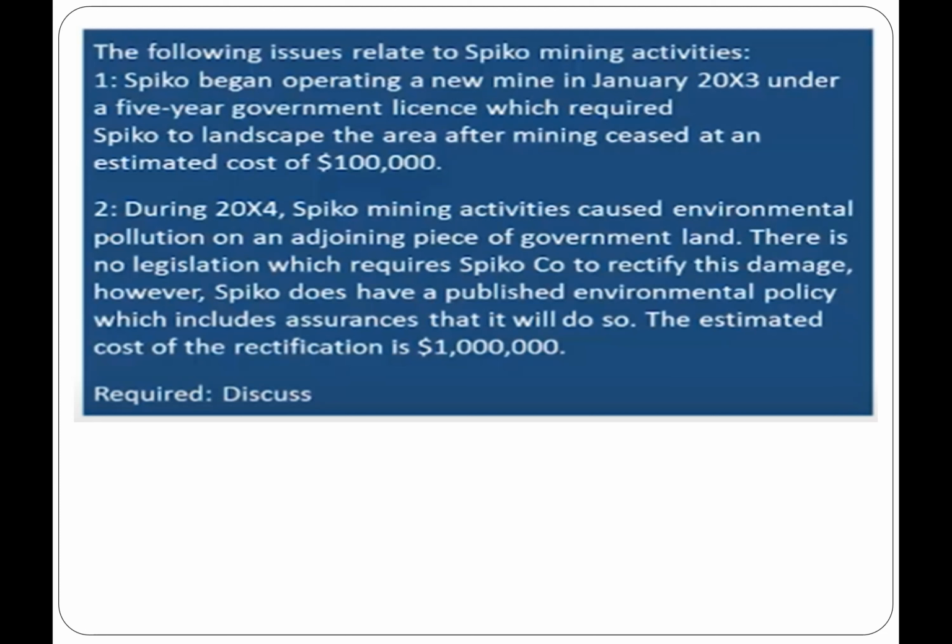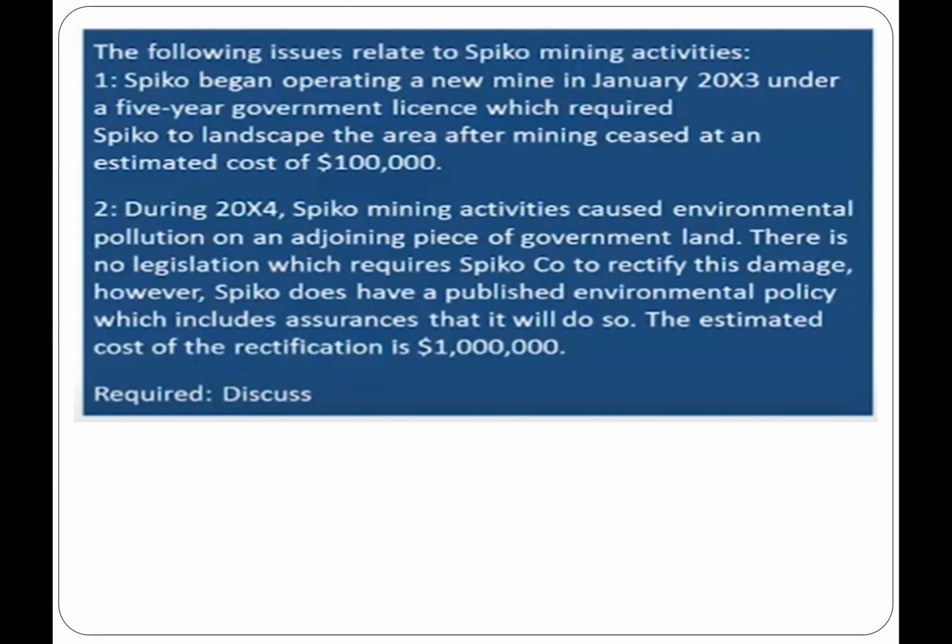So Spico began operating a new mine in January 2023 under a 5-year government license, which required Spico to landscape the area after mining ceased. So we are told that this is a government license, and the license actually requires us to landscape the area after mining, which means this is a contractual obligation for us to actually landscape the area after mining.